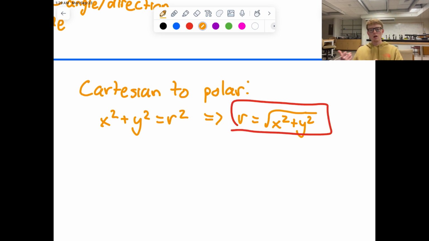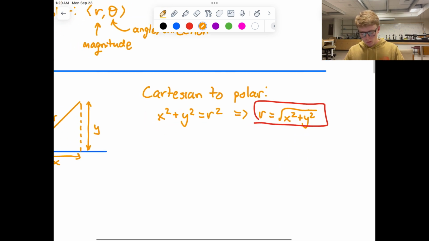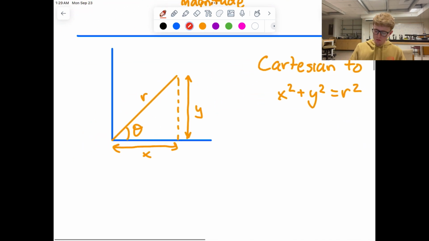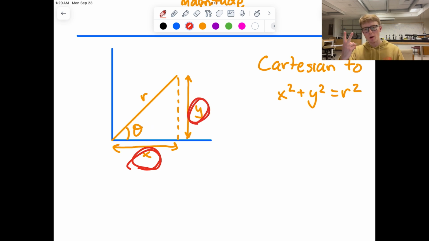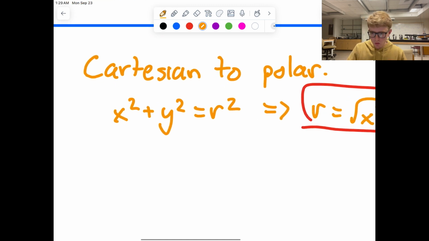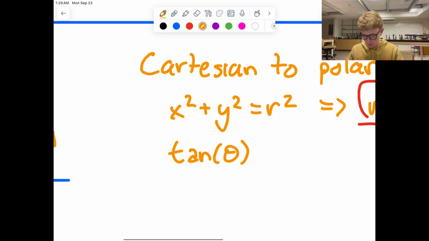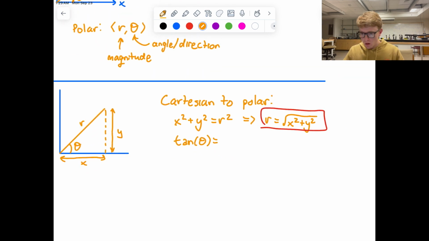Now I've got r, I just need theta. If we look at this here, we have this adjacent side with respect to this angle, and we have this opposite side. So adjacent and opposite are known, so we're going to use tangent. Tangent of that angle theta is equal to opposite over hypotenuse.